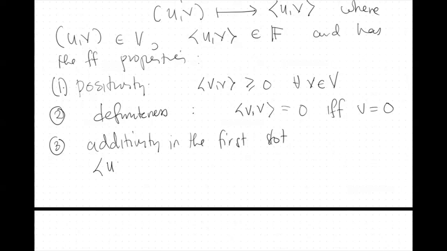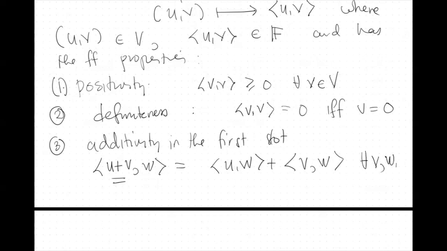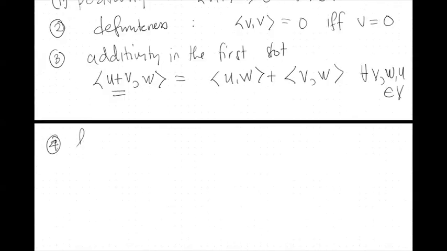So if you have U plus V, and then we have W here, you can expand, you can sort of distribute it in the first slot, for all V, W, and U in the vector space V. And then the fourth one is homogeneity in the first slot.